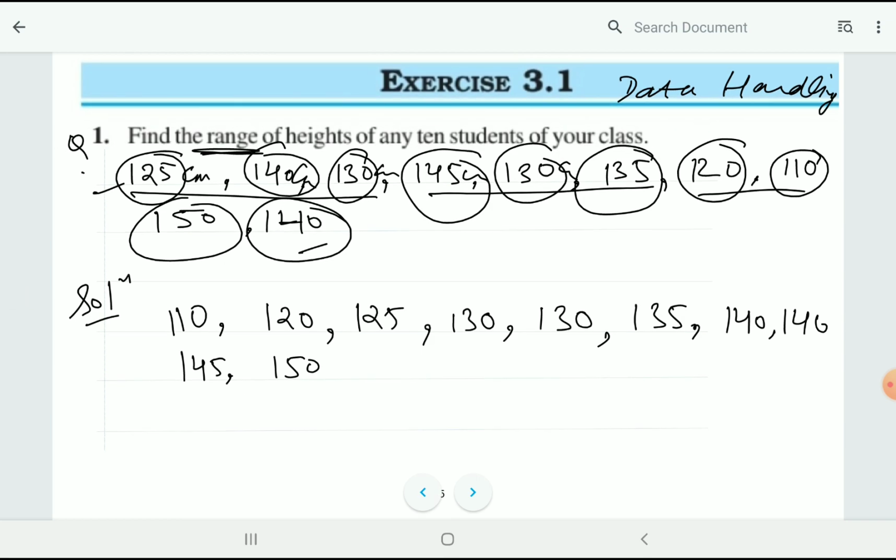I will have to find the range, basically the difference between the smallest number and the greatest number present in the data.